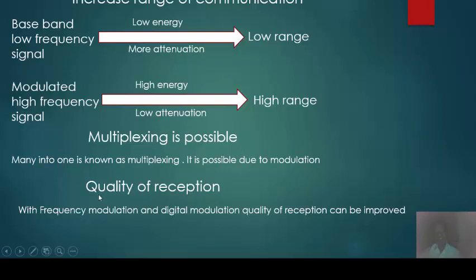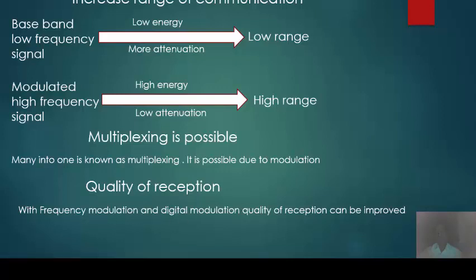Now the next one is quality reception, and here the quality of reception can be enhanced with the help of modulation. In modulation we can use frequency modulation or digital modulation, and in these cases, unwanted signals cannot enter.